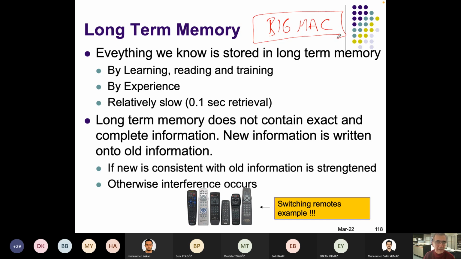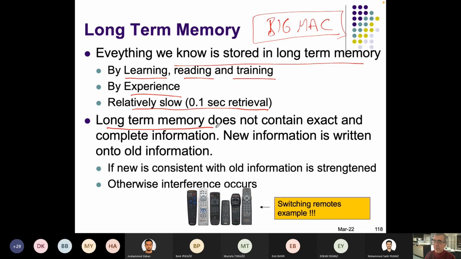If something that I don't know is on the menu, as soon as I read it, for example, Süleymaniye kebabı, which I don't know yet, then it will be processed in the short-term memory along with the ones from the long-term memory to make decisions. So everything we know is stored in long-term memory by learning, reading, and training through experience, and it is slower, like a hard drive. Not very slow, but slower than short-term memory.